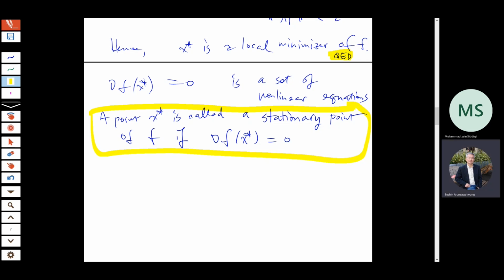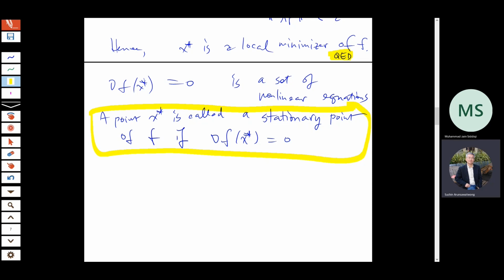And the H matrix of the function f plays a very important role, because in the homework you will prove this result. If the H matrix of the function f at the point x star is positive definite, then in the neighborhood of x star the function f is a convex function.